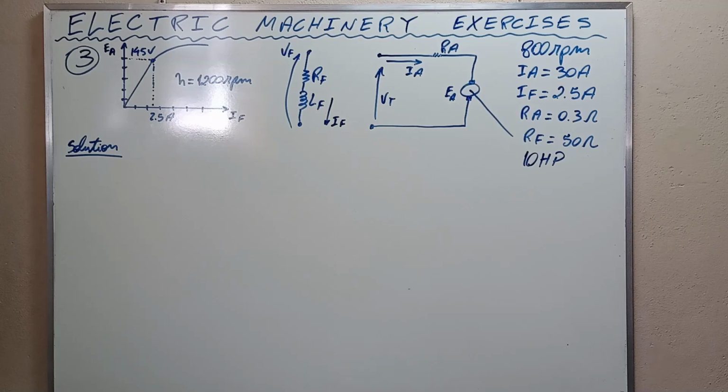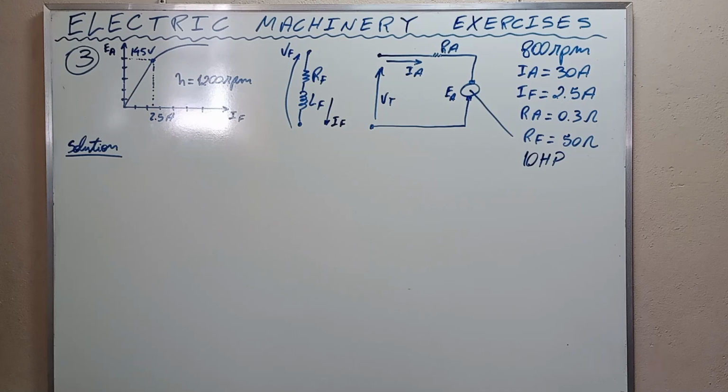The armature resistance is 0.3 ohms and the field resistance is 50 ohms. The question: find the voltage VF applied to the field circuit, the voltage VT applied to the armature, the developed torque, and the developed power. Okay, my friends, this is the exercise. Let's go to the solution.